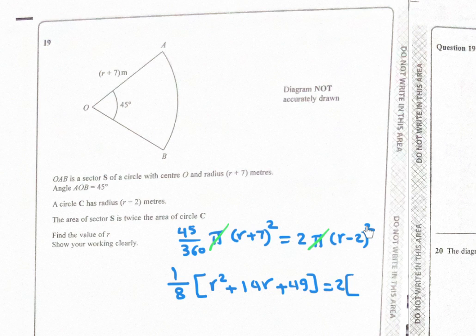Expand R minus 2 squared, so R times R, R squared, and 2 times R times negative 2, so negative 4R, plus 4, because negative 2 times negative 2.